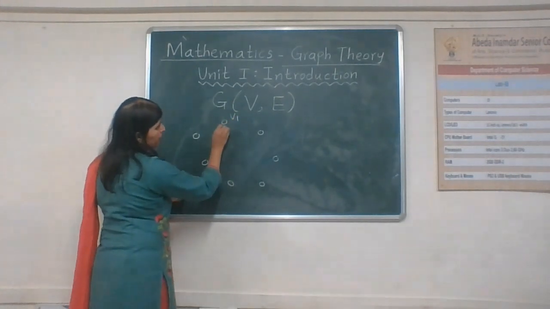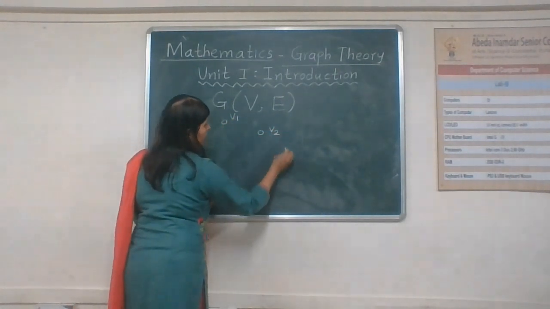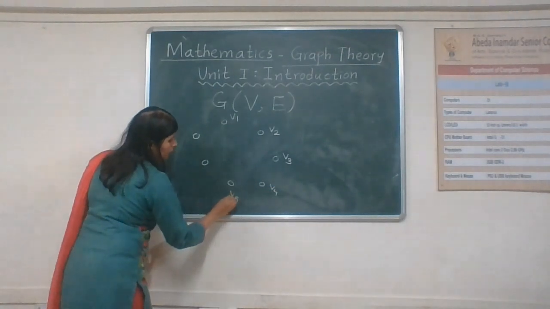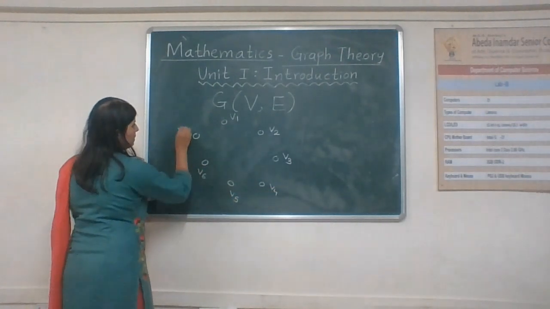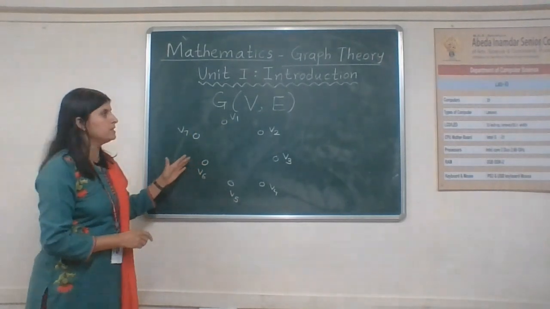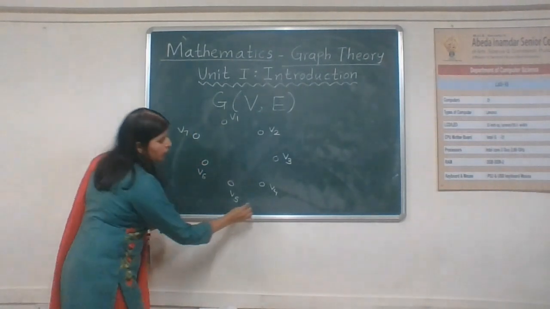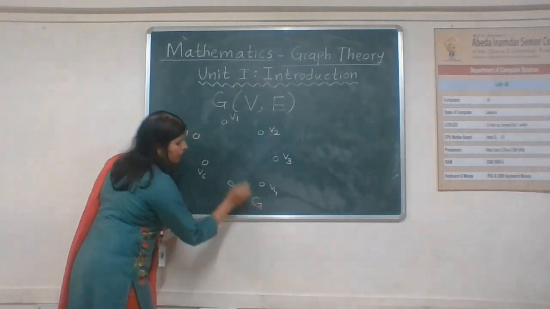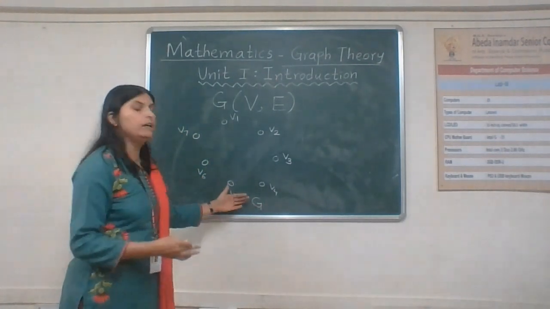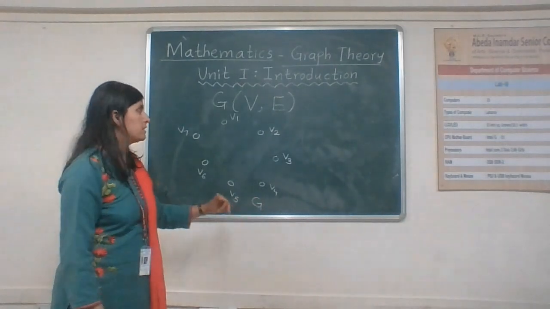Suppose this is my vertex V1, this is V2, this is V3, V4, V5, V6 and V7. So there are in all 7 vertices in this graph. We call this graph capital G. We denote graphs generally by capital letters like G, H, etc.